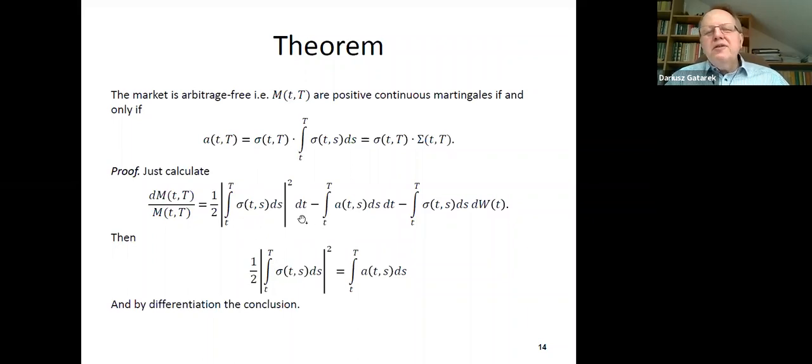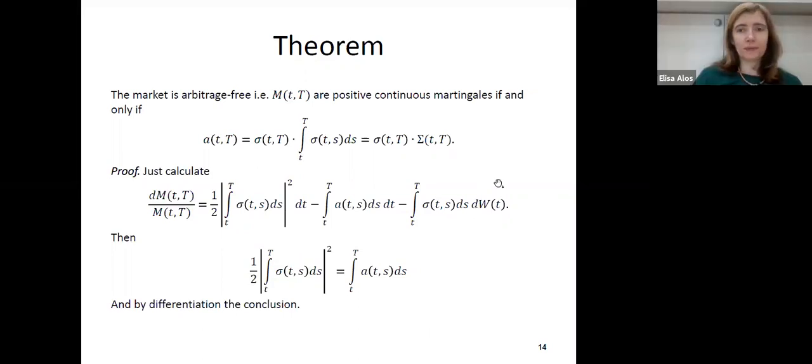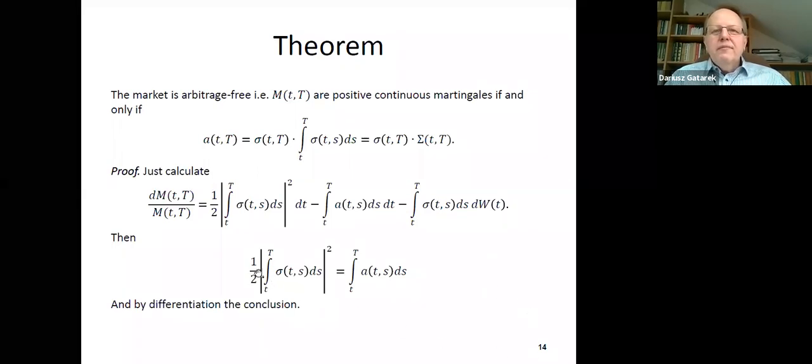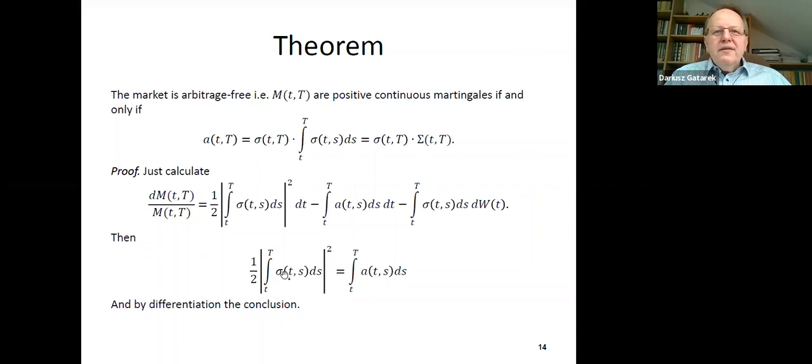Believe me, it was published, so there are no errors here. This is that term. So here we've got dt, the drift term, and diffusion. And an Ito process is a martingale if and only if the drift term is null. So we must set that term equal to that term. Then we differentiate with respect to capital T, and we get this term.